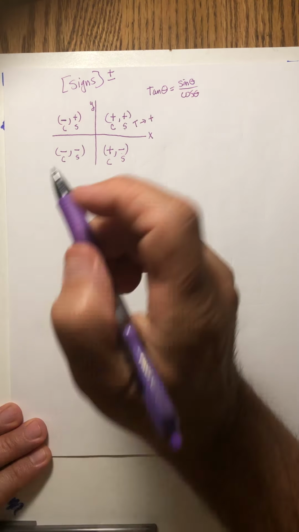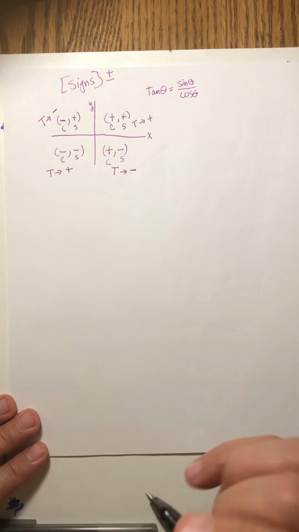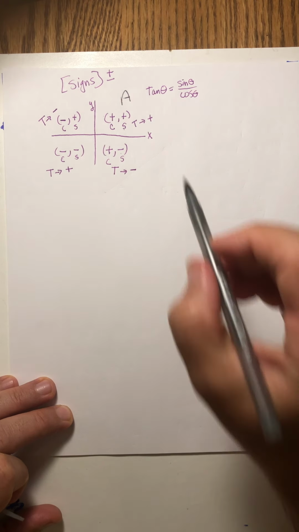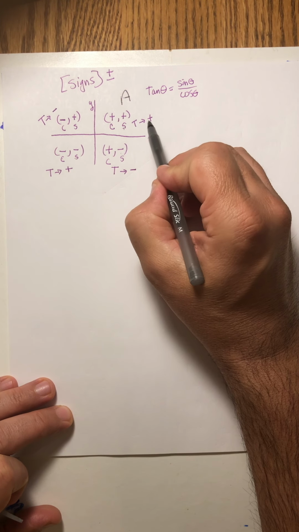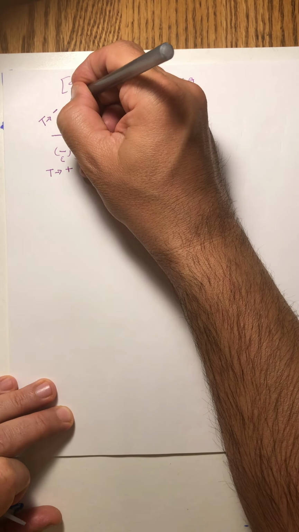All right, now why did I do all of this? Because what happens now is we know when the functions are positive or negative. And we have a little saying for this. A, for all are positive. Your sine, your cosine, your tangents are all positive. S is positive.